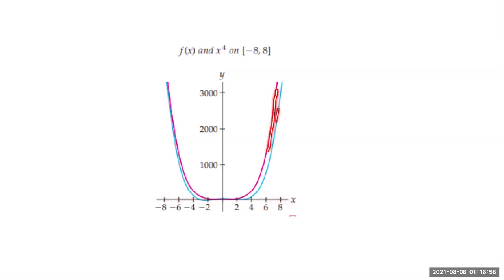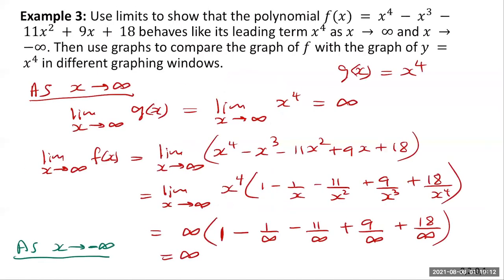These curves are very close. But if you take very, very large x values, you will see that your curves are almost on top of each other. This graph shows you the end behavior, or the behavior at infinity, for large values. Behavior when x is large.